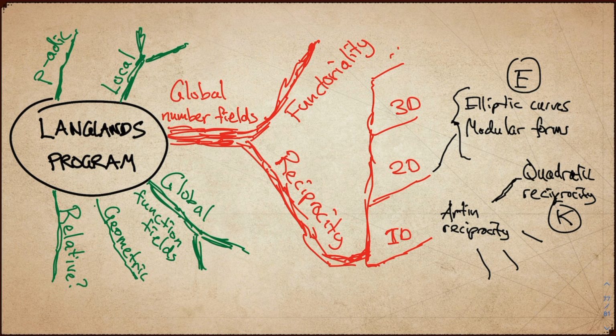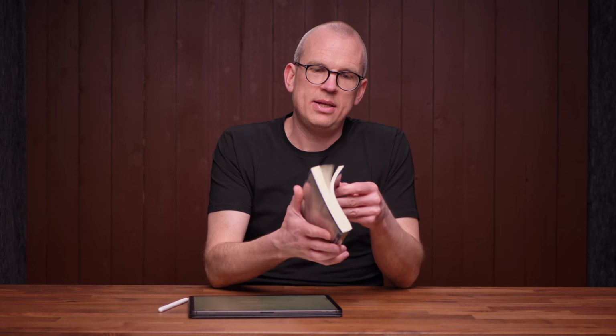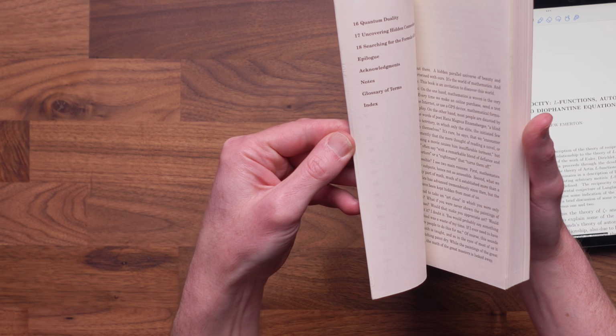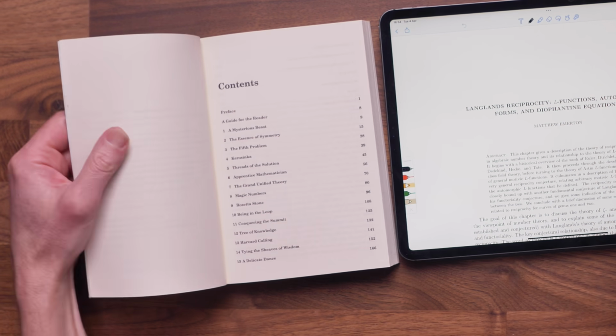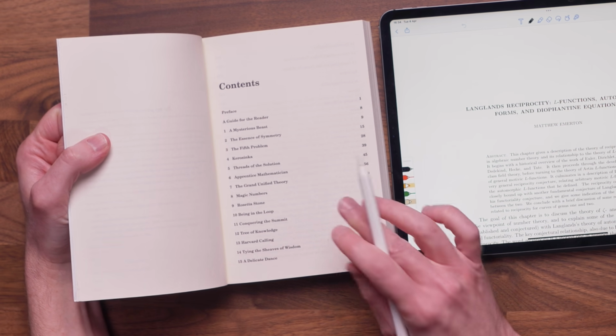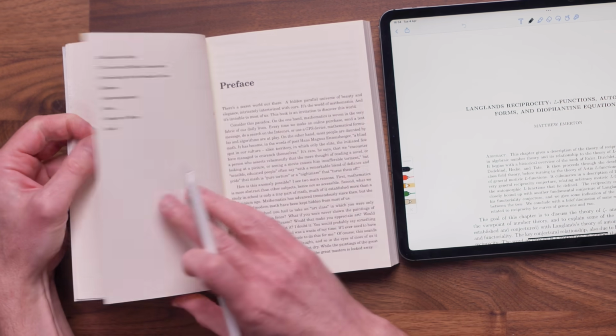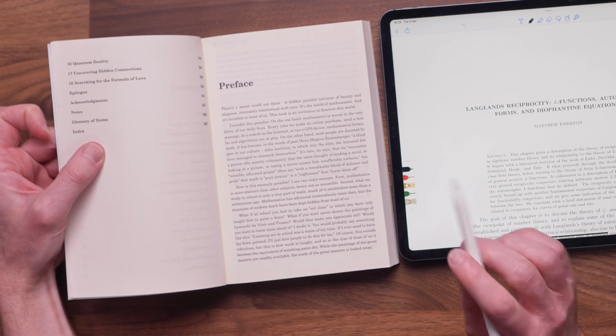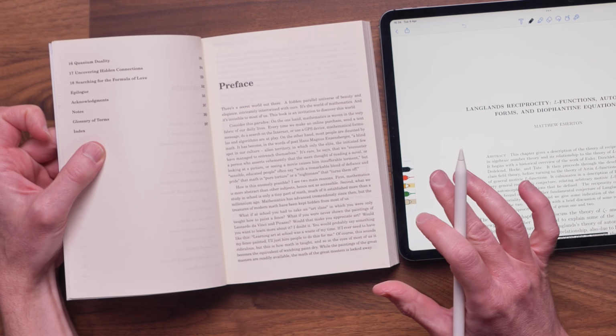If you want to read something very accessible about the Langlands program, I would recommend this absolutely beautiful book by Edward Frenkel called Love and Math. In the table of contents, you see all kinds of amazing things like the grand unified theory and at the end, searching for the formula of love.